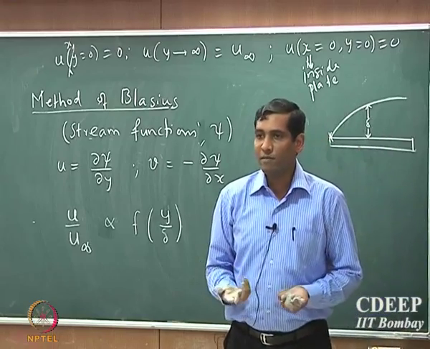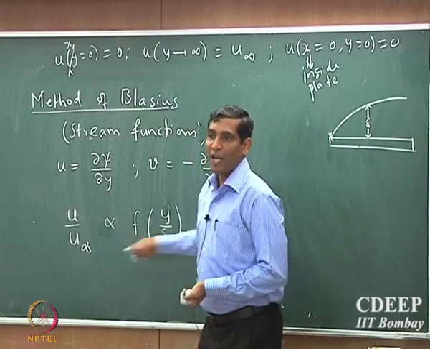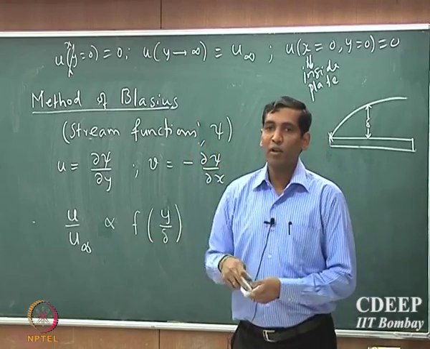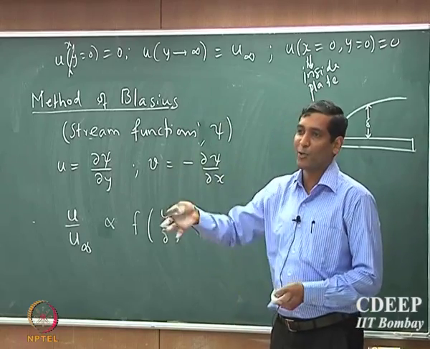So what was observed was that the ratio of this velocity somehow has to be a function of the location in the boundary layer. That's not hard to see now, but it was very hard to see at that time.